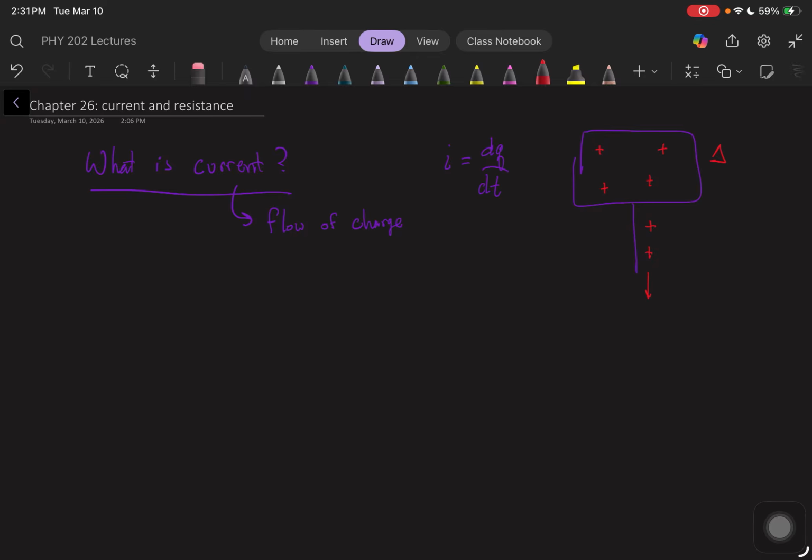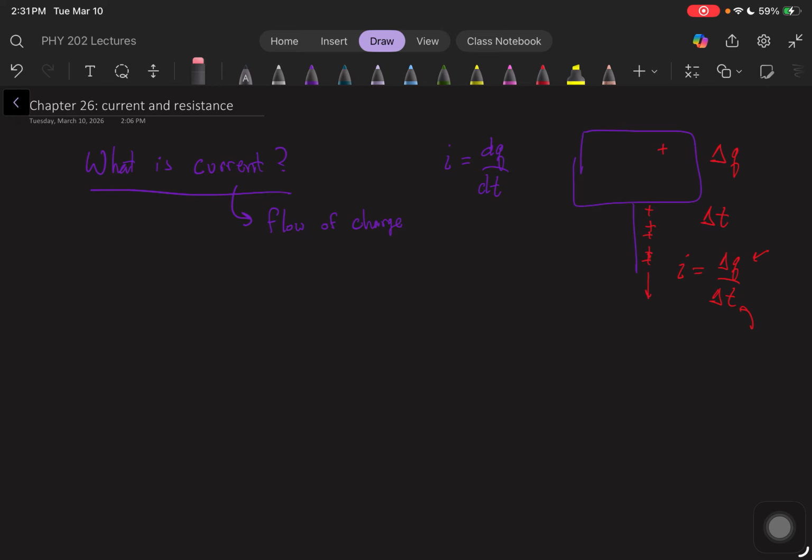You can find a delta Q for how much charge left, a delta T for how long it took, and then I is equal to delta Q over delta T, right? Which should make sense because the more charge you leave and the faster it happens, the greater your current. If all of these charges hop off very, very fast, you have a very high current, right?